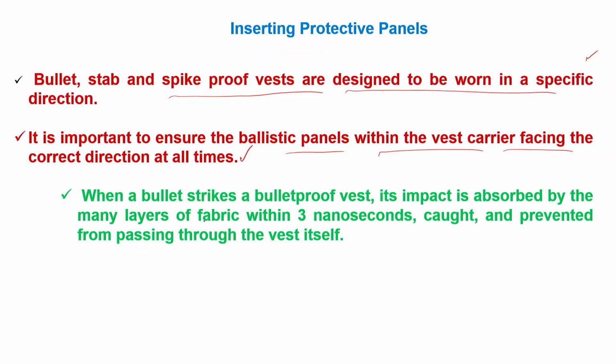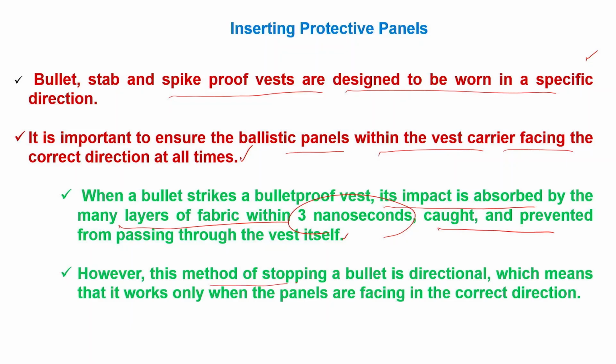When a bullet strikes a bulletproof vest, its impact is absorbed by the many layers of fabric within 3 nanoseconds, and it is caught and prevented from passing through the vest. So the panel has to be inserted correctly.